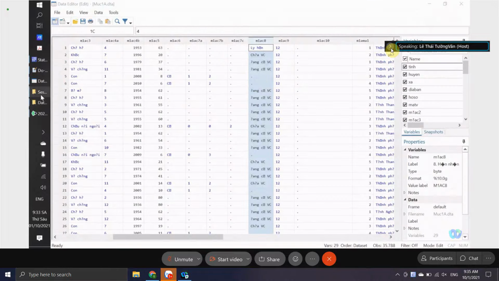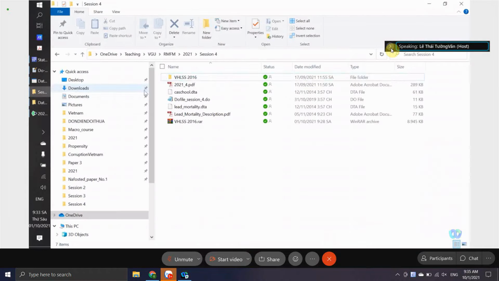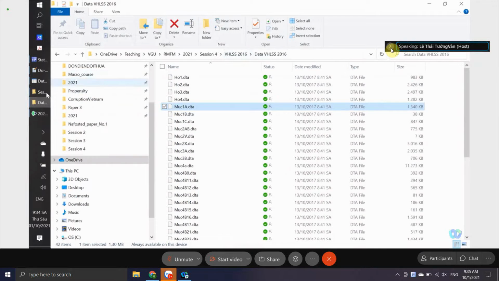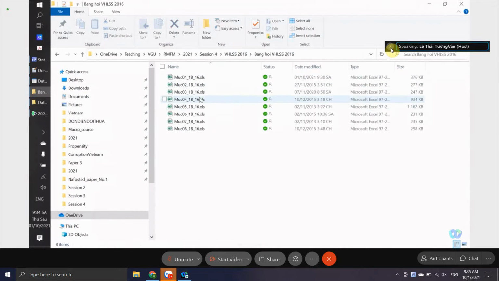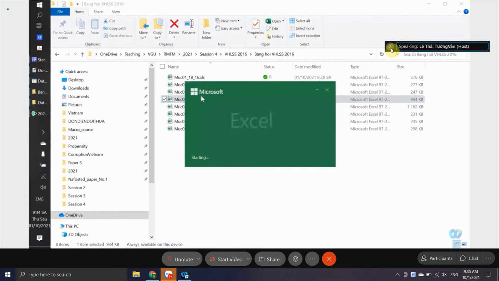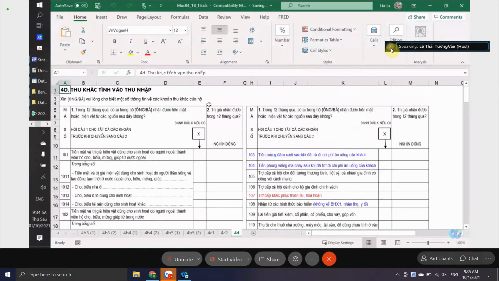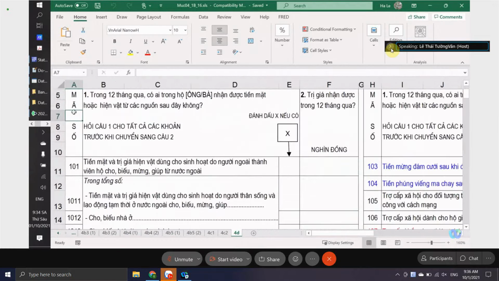Now I will show you. That is section 1. How about section 2? Let's talk about section 4. Section 4 is about work and income. The same: you will see the first cell here is mã số.